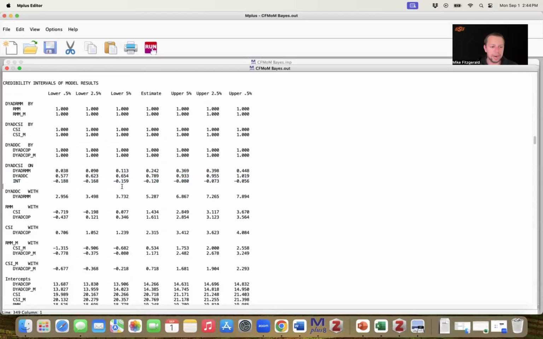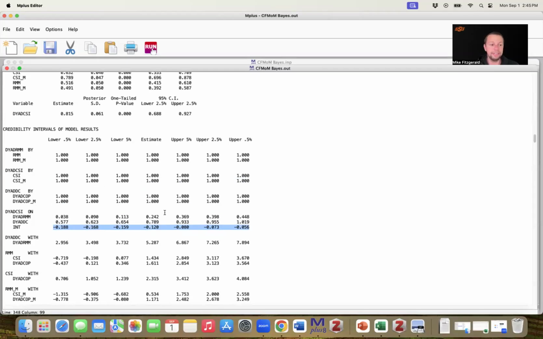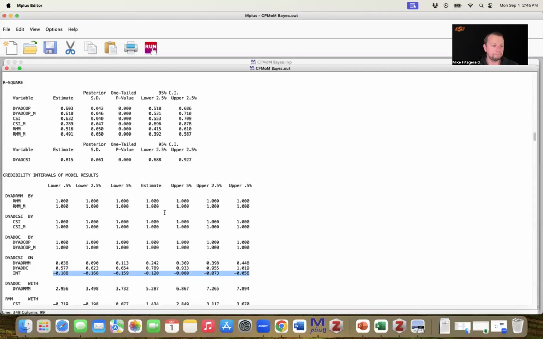And so this is where I obtain the significance test. So we see that the interaction is significant, and we have a 95% credibility interval of negative 168 to negative 703. And if you really want to brag in your manuscript, you can actually say 99% credibility interval. It's significant. So we can say with a high degree of confidence, or now we can say probability, that our effects are significantly different from zero.